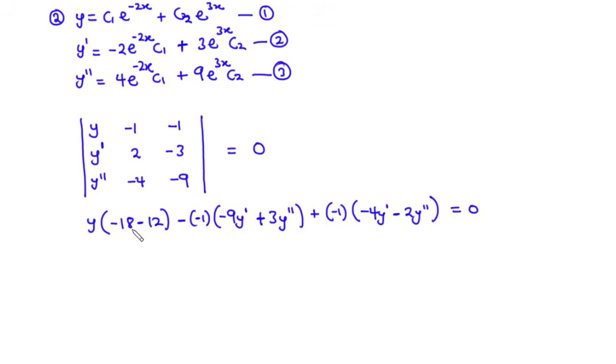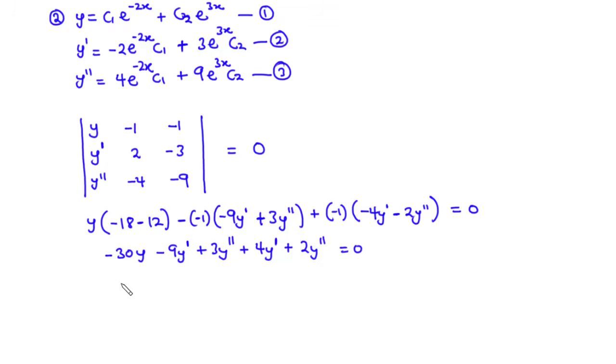Negative 18 minus 12 is negative 30, so negative 30y, plus 1 times negative 9y', it becomes negative 9y', plus 3y''. Here we have negative 1, negative negative becomes positive, so plus 4y', and then here negative negative positive, plus 2y'' equals 0.